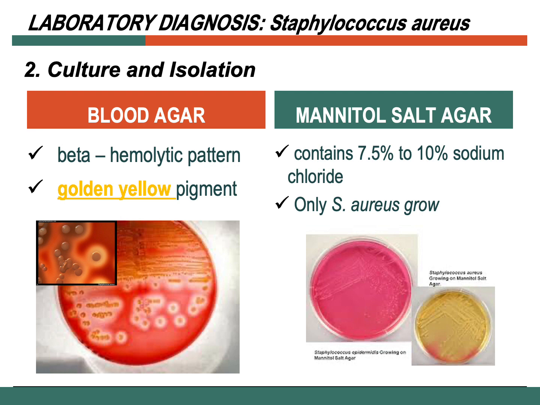You can also use a selective culture medium like mannitol salt agar, which contains 7.5 to 10% sodium chloride, because again, Staphylococcus aureus is a halodurie organism. When we say halodurie organisms, they can survive in the presence of increased concentrations of salt.